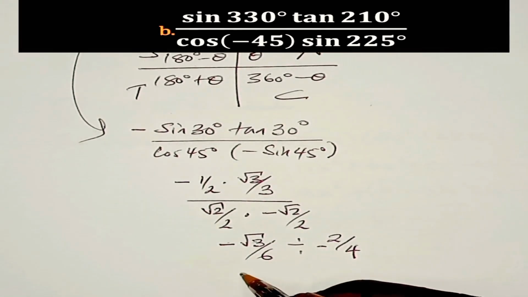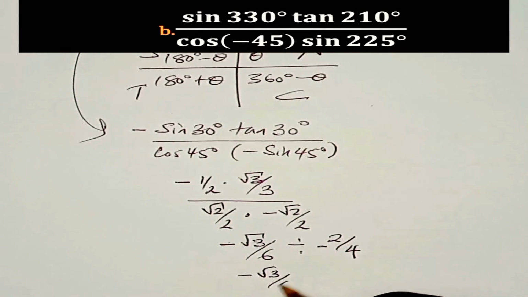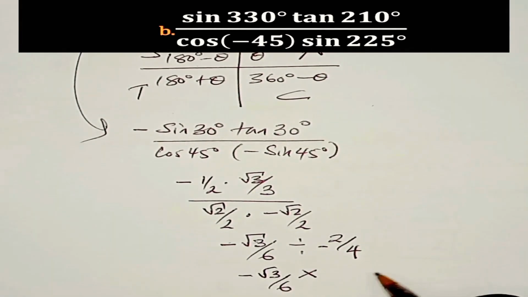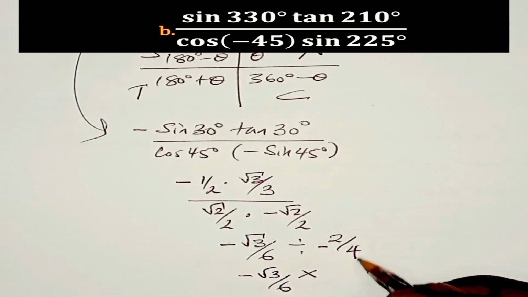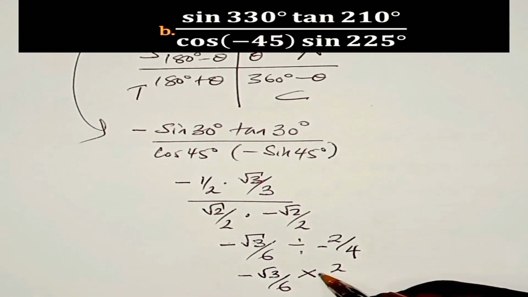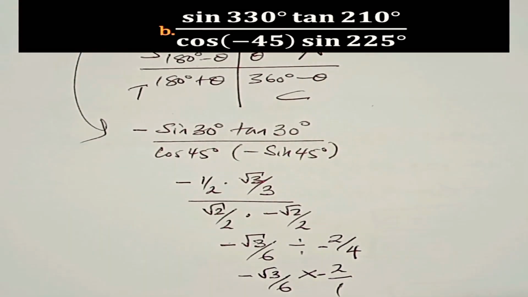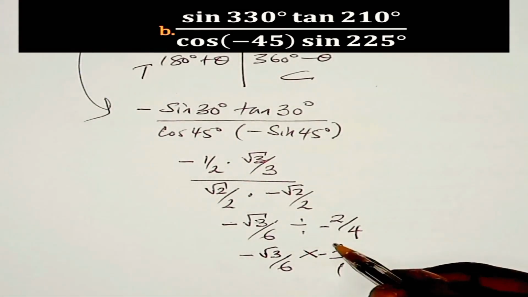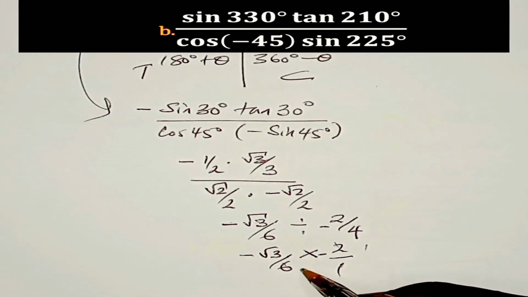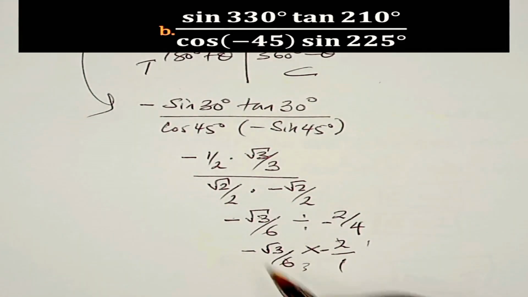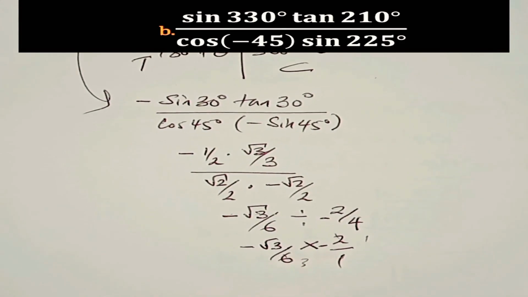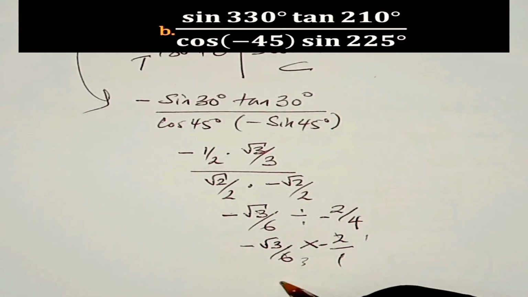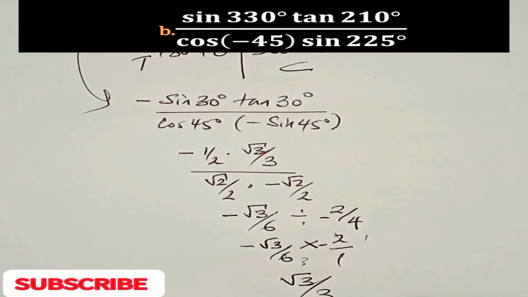We have minus root 3 over 6. I can just say times, remember, we have 1 over 2 on that. So we now have 2, negative by the way, divided by 1. And then we have this into that, 1 into that, we have 3. Negative times a negative, you get a positive. Therefore, the final answer is root 3 over 3.